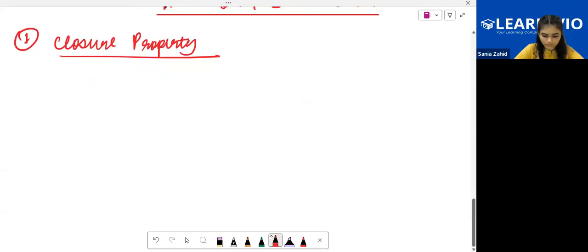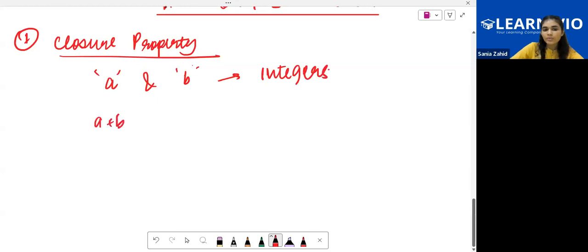For all addition, subtraction, multiplication, and division, integers are closed under them. See, what this closure property means, for example, you have one integer a and you have the other integer b. A and b are integers. Now, if I add a and b, I'm going to get c.